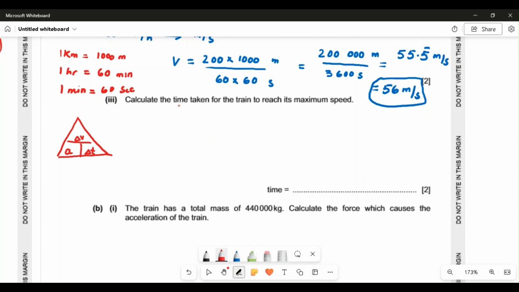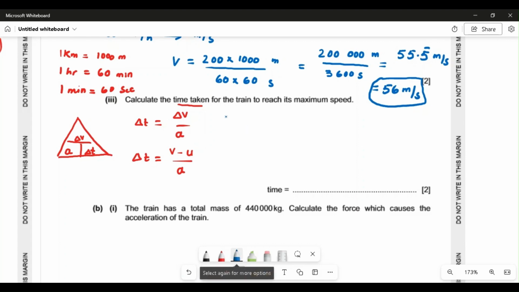So here we need to calculate the time. I can just simply say the time taken will be equal to change in velocity over acceleration. And change in velocity can be found by final velocity, which is maximum velocity, minus initial velocity, that it starts from the rest, over the acceleration.